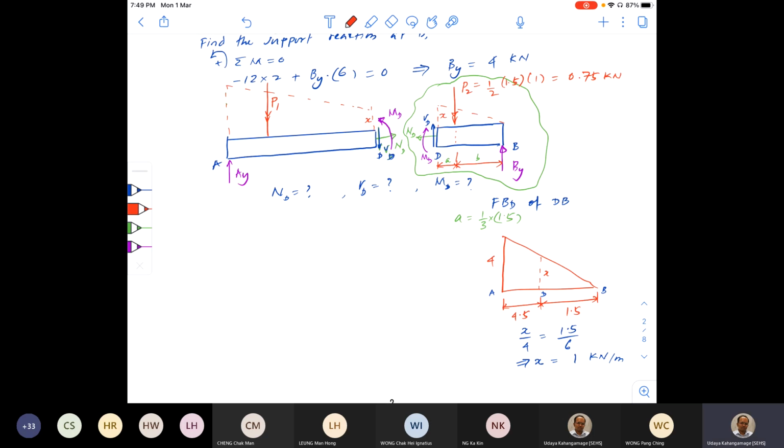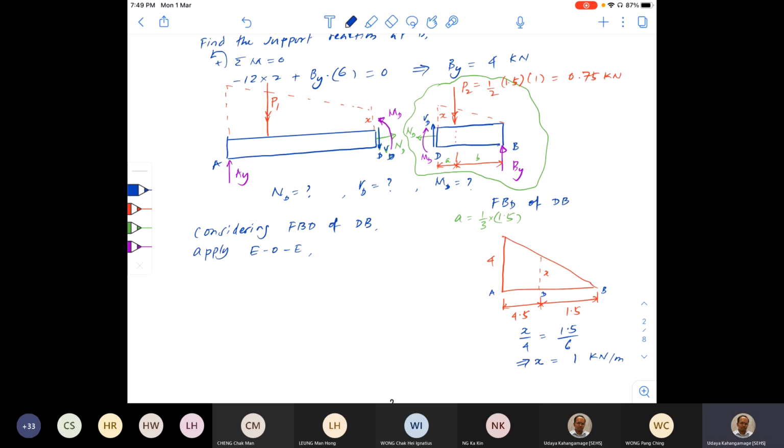Okay, so with that information, now you should be able to write the equation of equilibrium for the free body diagram of DB. Apply equation of equilibrium.